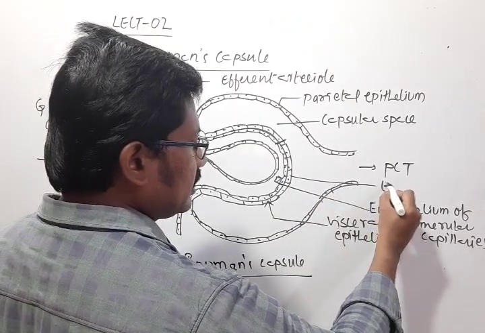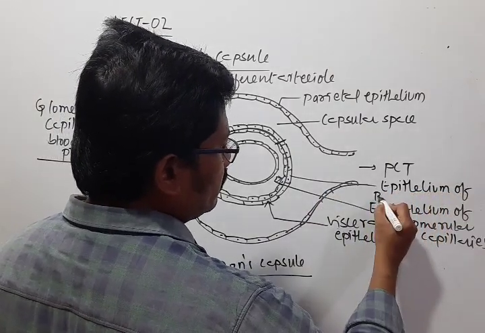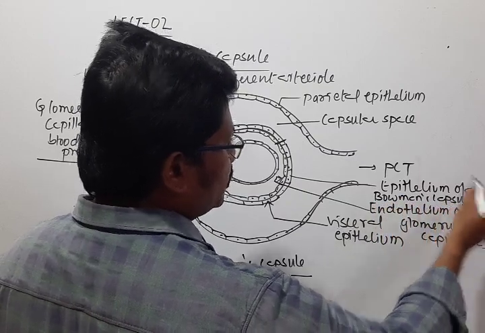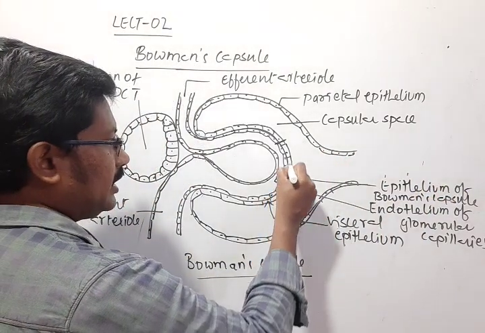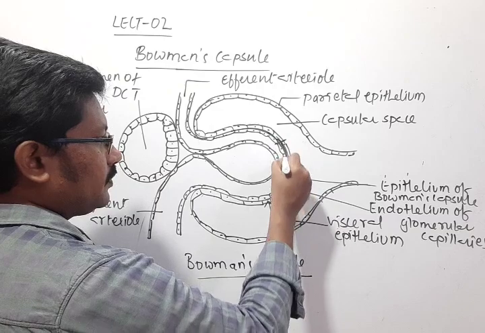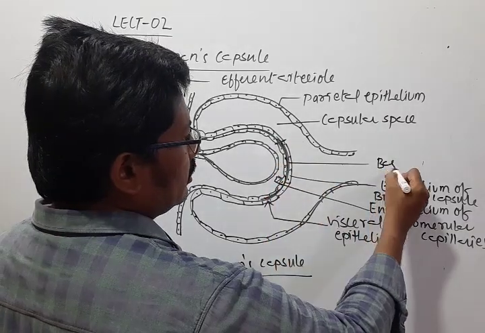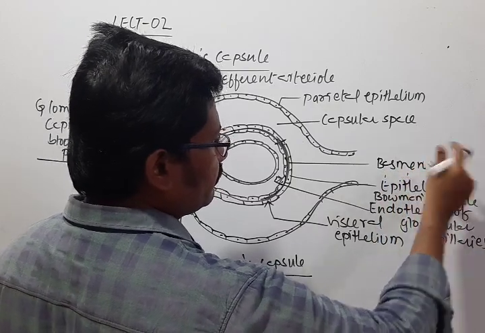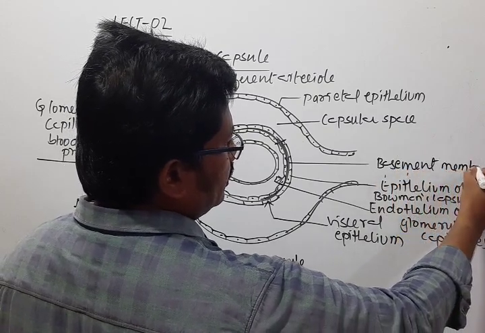So this is the epithelium of Bowman's capsule. And between these two you find a basement membrane.